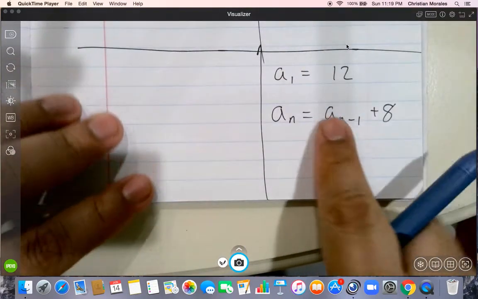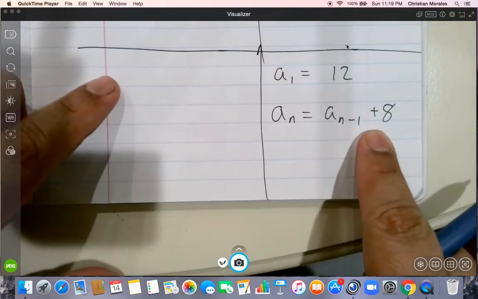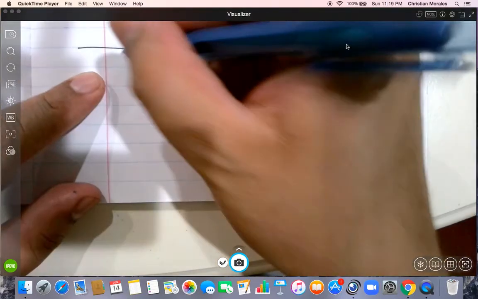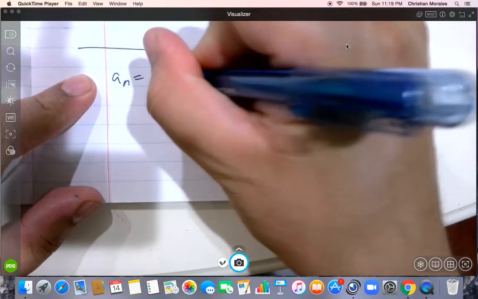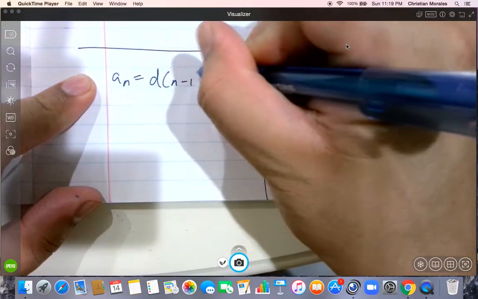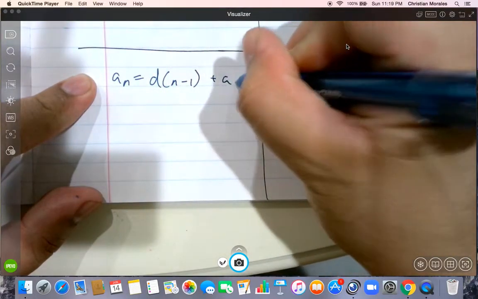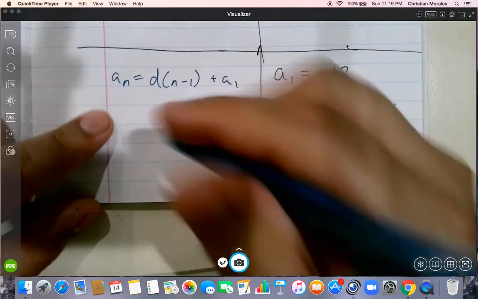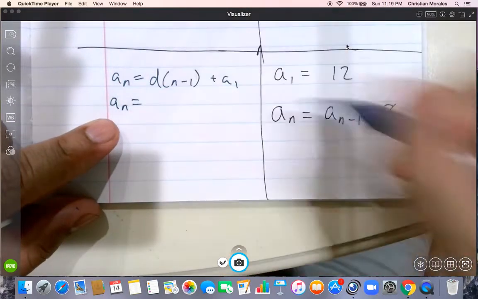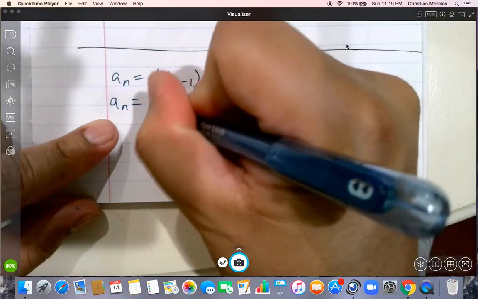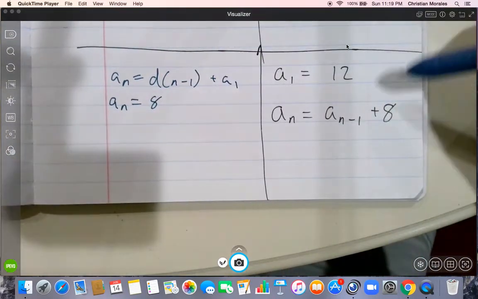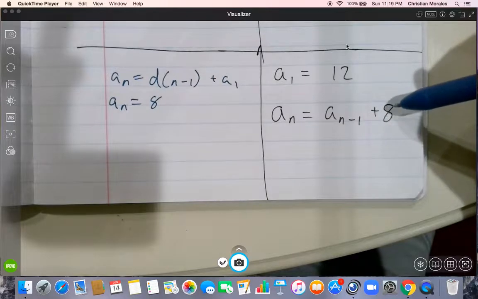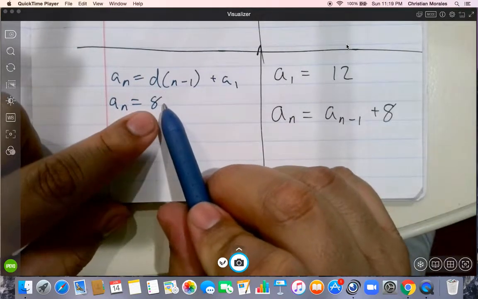Okay? Here. Well, what if they give you A1 and the recursive, but they want the explicit? Well, if they want the explicit, that means they want this formula. Okay, so if they give you this information, where do you put it? Well, the common difference is 8. Remember? That's the number that went in the recursive. But in the explicit, it goes first.